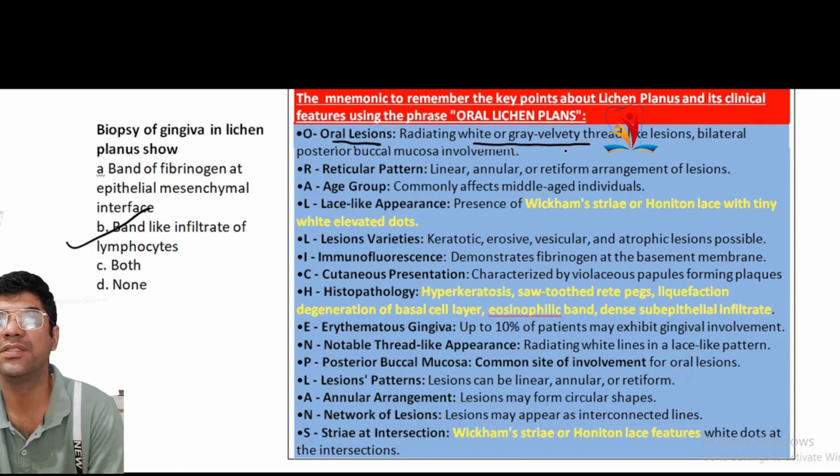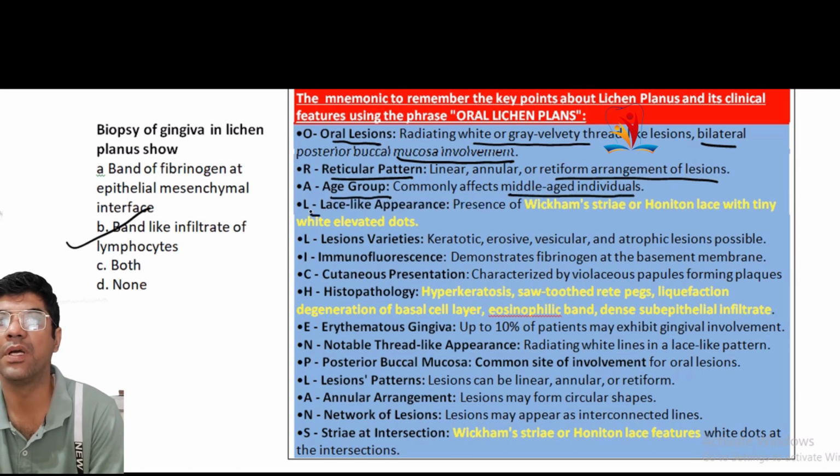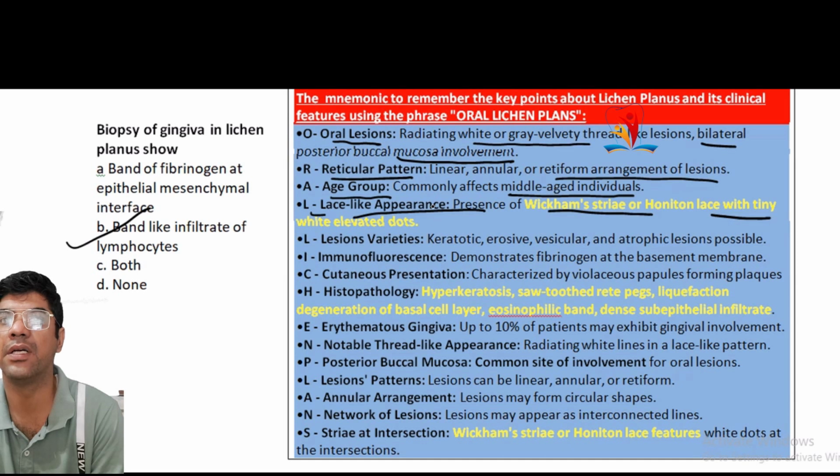Oral lesions: whitish or greyish velvety lesions, appearing bilaterally, with posterior buccal mucosa involvement. R stands for reticular pattern, a reticular arrangement of lesions. The age group affected is middle-aged individuals. L stands for lace-like appearance, presence of Wickham stria, lace with tiny white elevated dots.